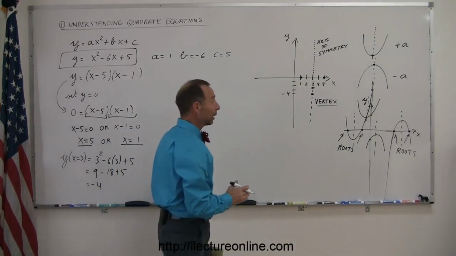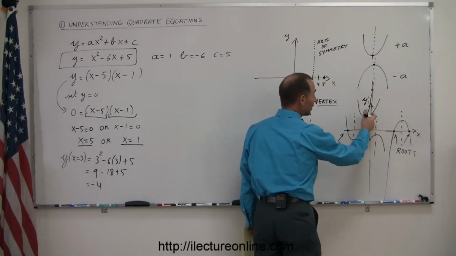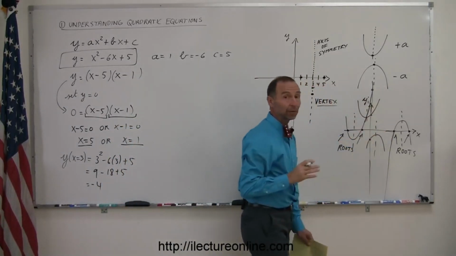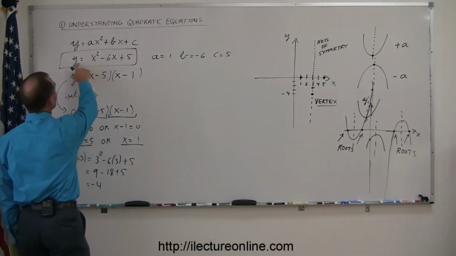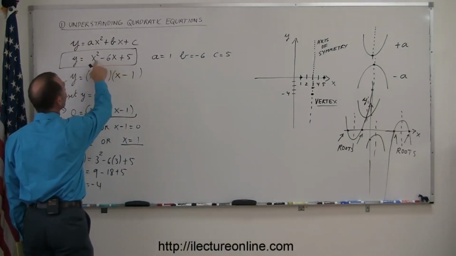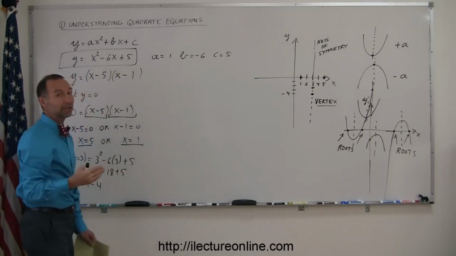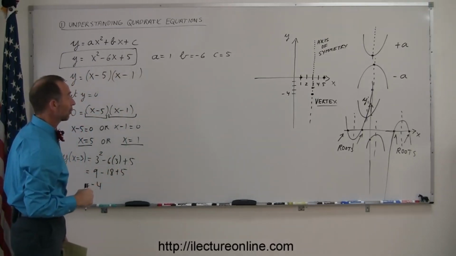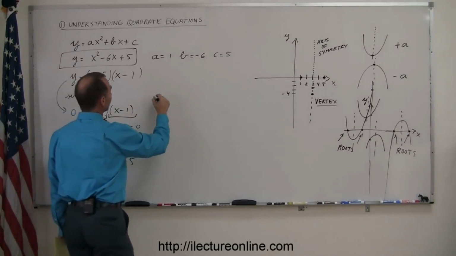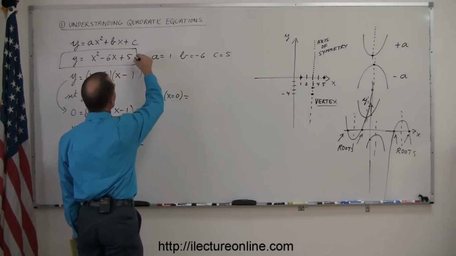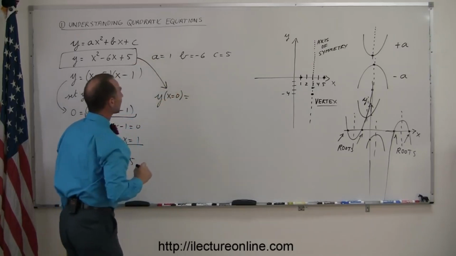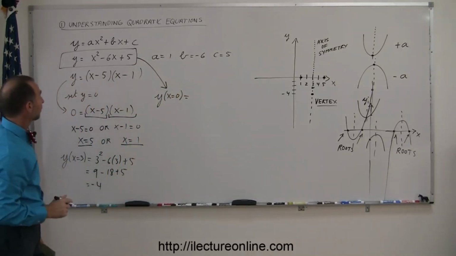Well, remember, anytime you cross the y-axis, that means that the x value must equal 0. So to find that particular point, we take our initial equation again and plug in 0 for x to see where the parabola crosses the y-axis. So I'm going to solve for y when x is equal to 0. And again, I take my equation right there, plug in a 0 for every x that I find.